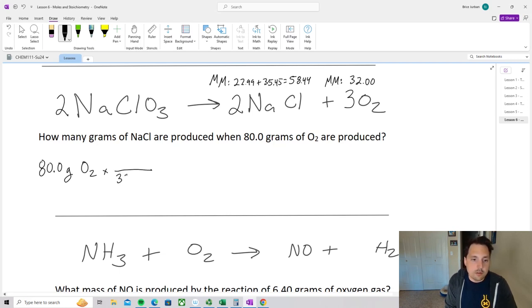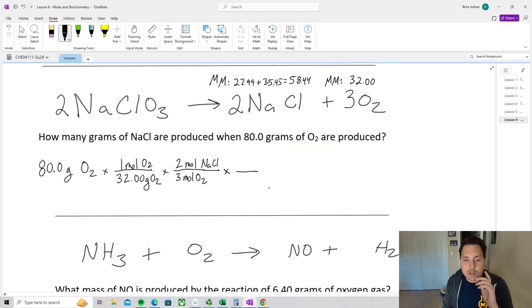So we'll divide through by 32.00 grams oxygen per mole of oxygen. We'll look at the balanced equation now. So for every 3 moles of oxygen, we'll get 2 moles of sodium chloride. And now we can see here that we need to multiply through by the molar mass because it's grams per mole. So if I want to find grams, this has to be on top.